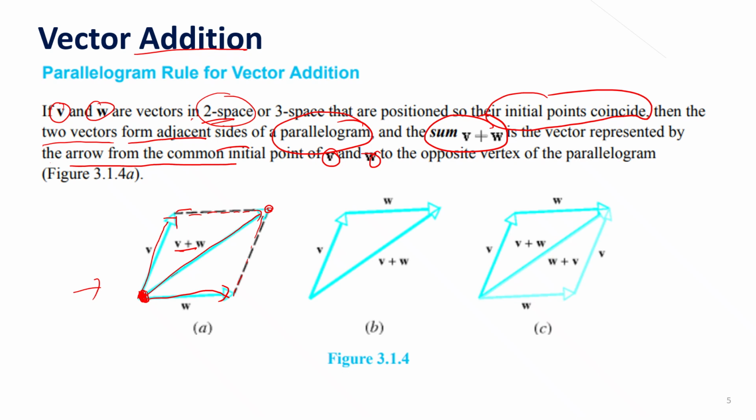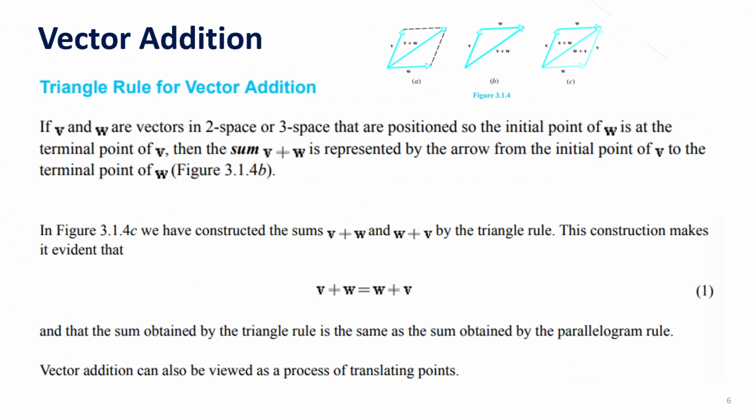Another rule that also relates to vector operations, such as vector addition, is called the triangle rule. Basically it reflects the same concept as the parallelogram rule, in which you have v and w, two vectors.